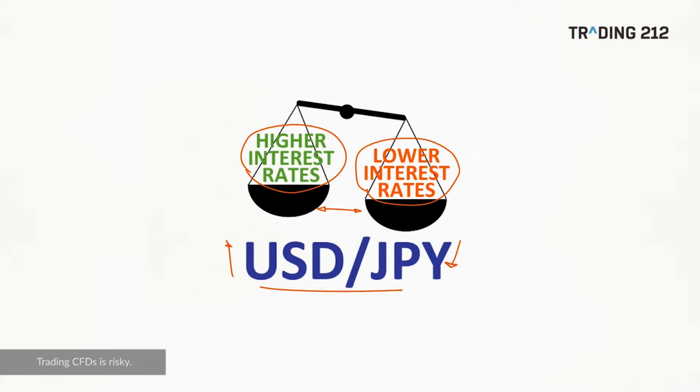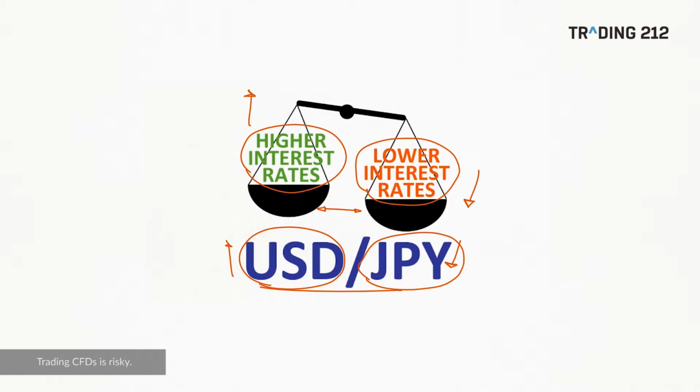And we said that generally speaking, if interest rates go up, that would tend to provide a boost for a currency. So if it was US interest rates that went higher, that would boost the US dollar. If it was Japanese interest rates that went higher, that would tend to boost the Japanese yen. Similarly, generally speaking, if interest rates go lower, that tends to drag on a currency.